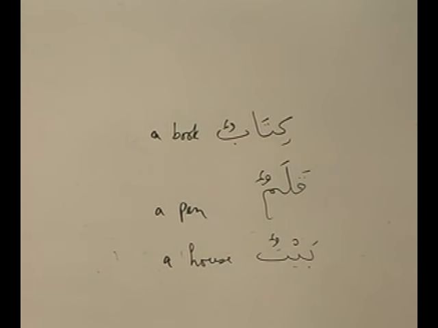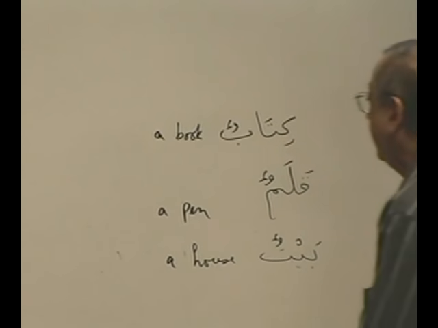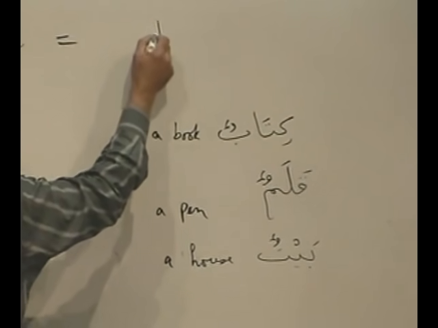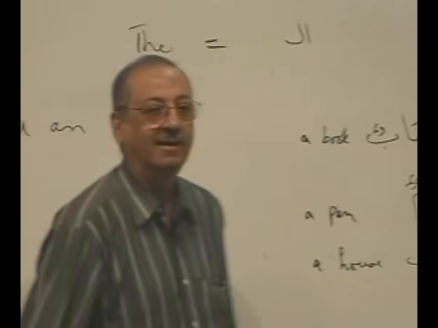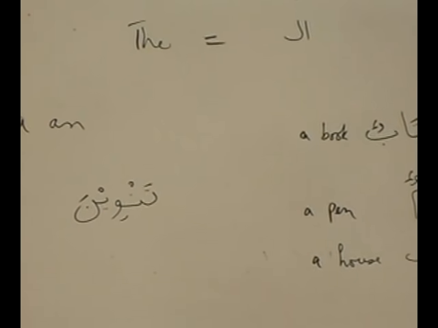And then, how do I make it definite? Definite, which is the in English, we have to add al to the noun. So I want to say the book. What will I do now?